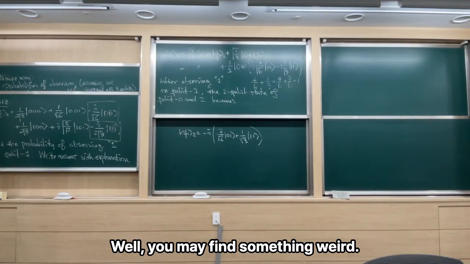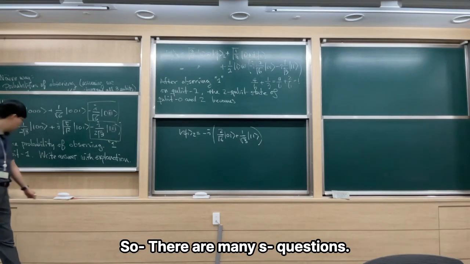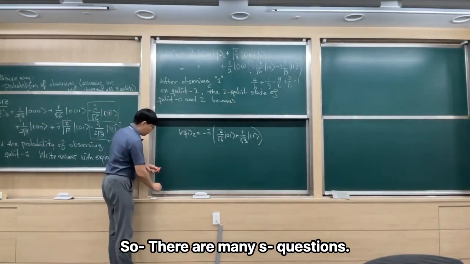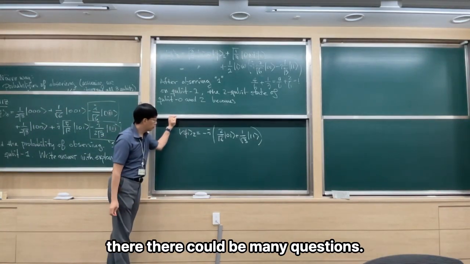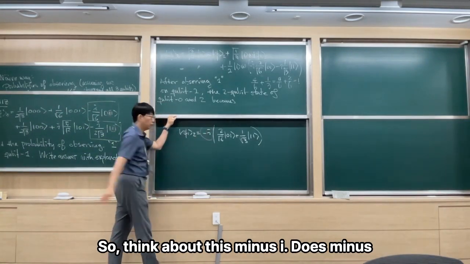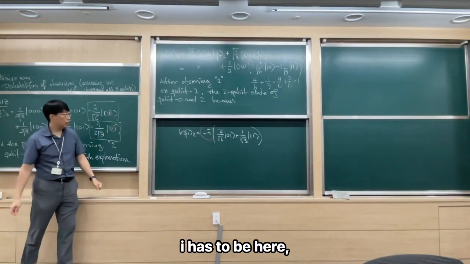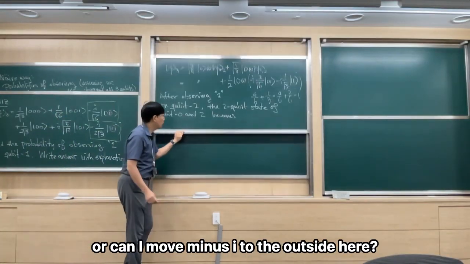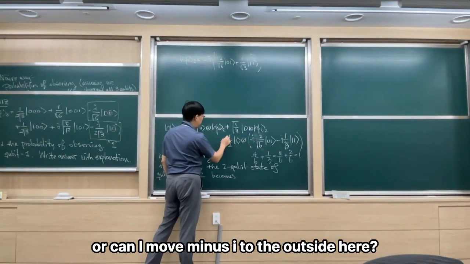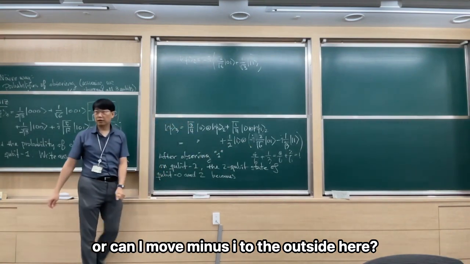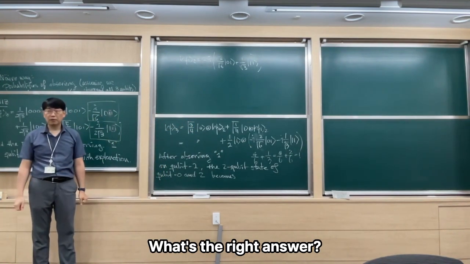Well, you may find something weird. There could be many questions. So think about this minus i. Does minus i have to be here, or can I move minus i to the outside? What's the right answer?